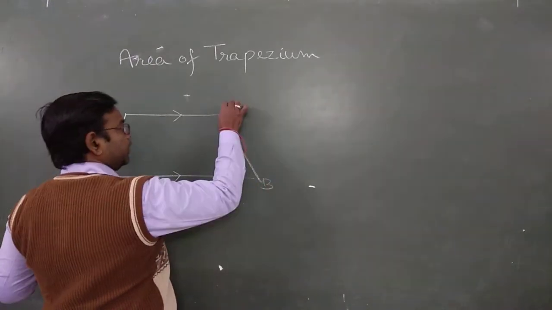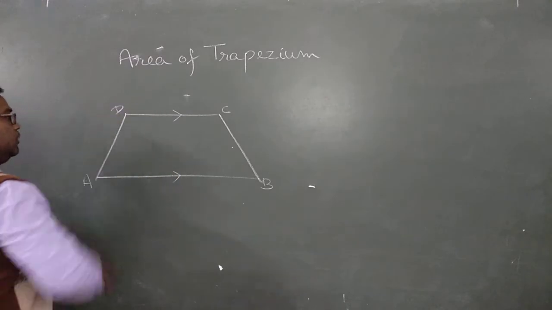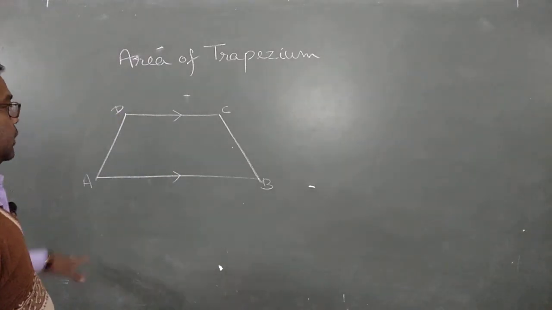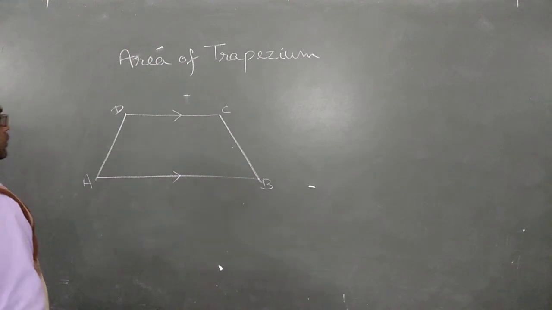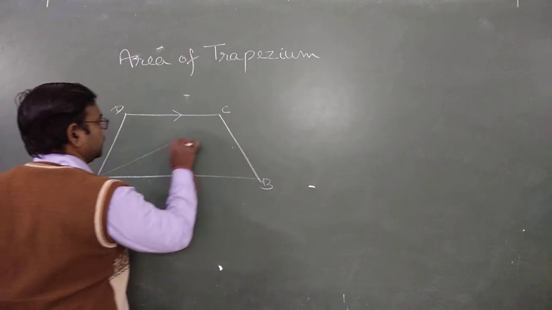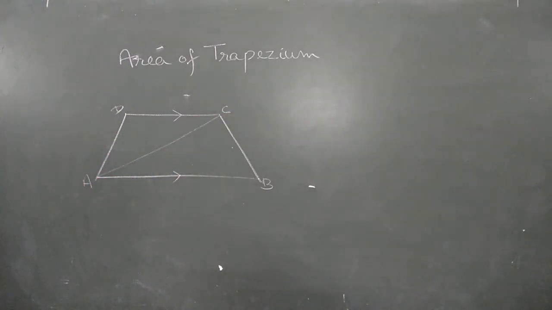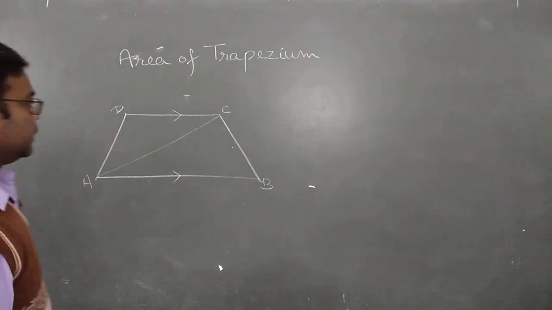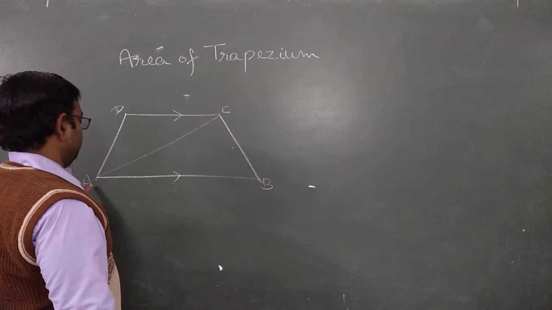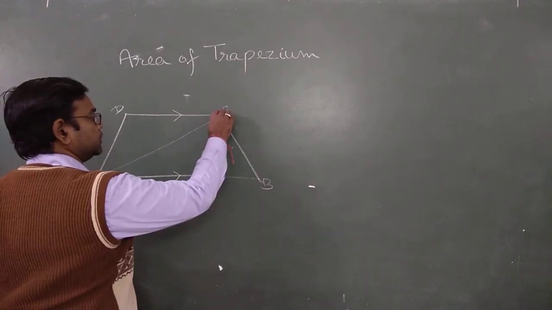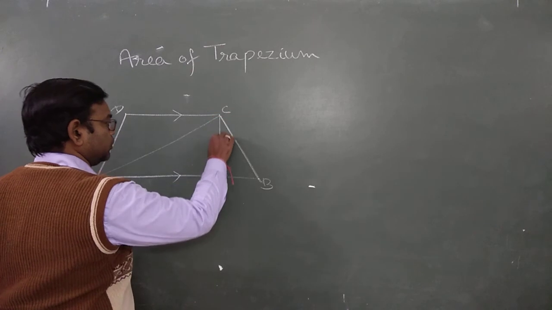And we are going to find out the area of the trapezium by using some calculation. First of all, if we draw a diagonal, we have two triangles. Clear? In this triangle, we have a base, but we don't have the height. So what is the height? Height is the perpendicular distance from the opposite vertex.